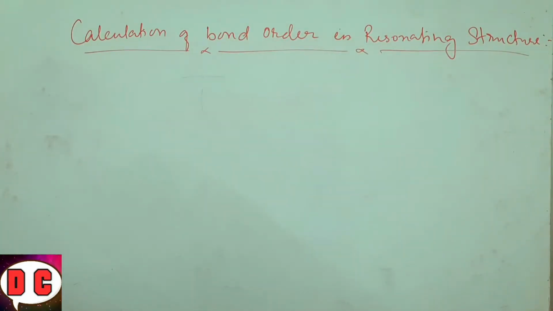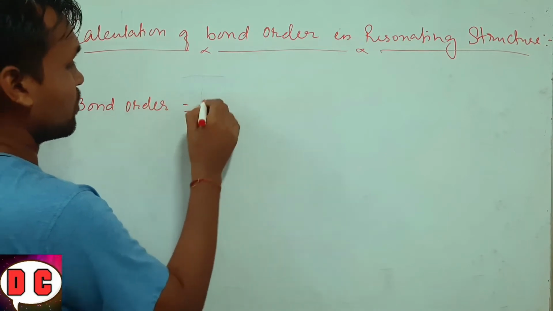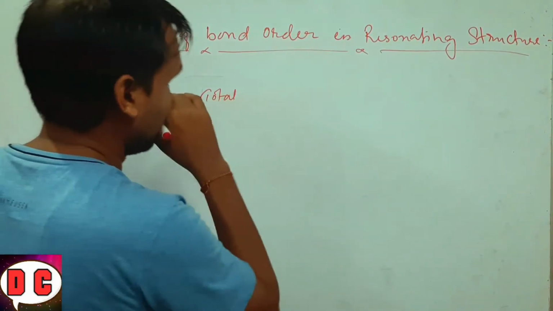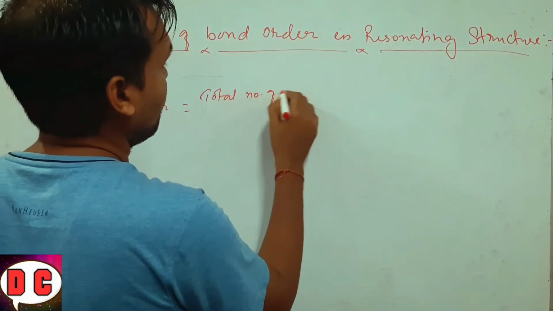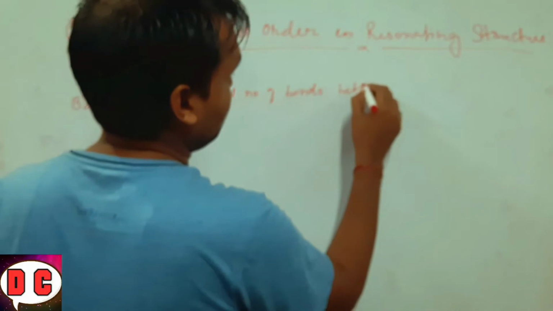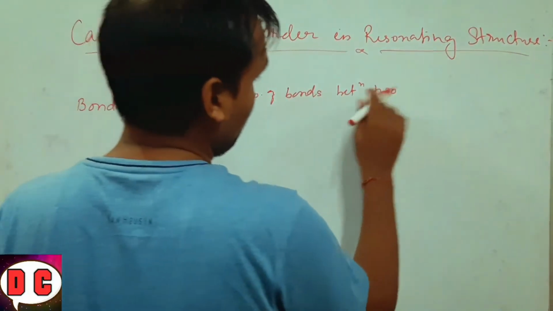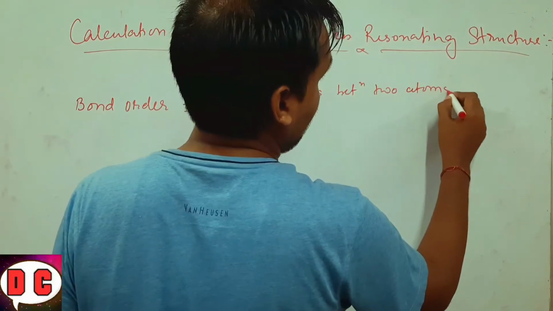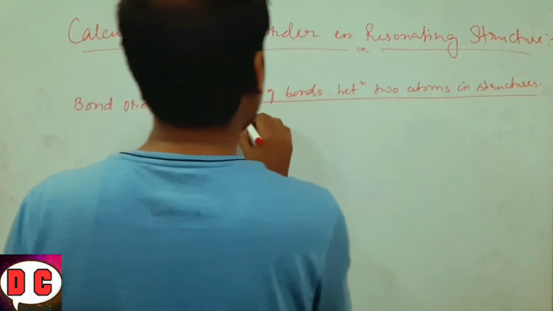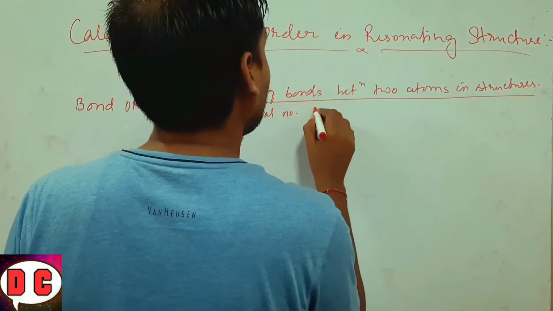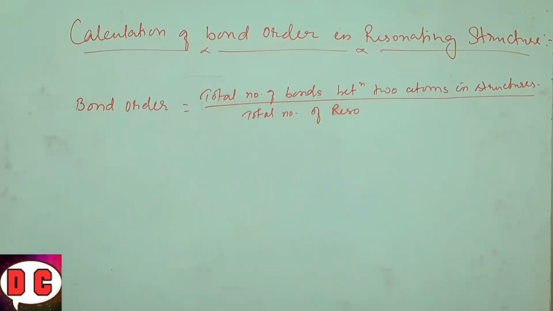So how will we calculate this? The formula is: bond order equals the total number of bonds between two atoms in all the structures, divided by the total number of resonating structures.